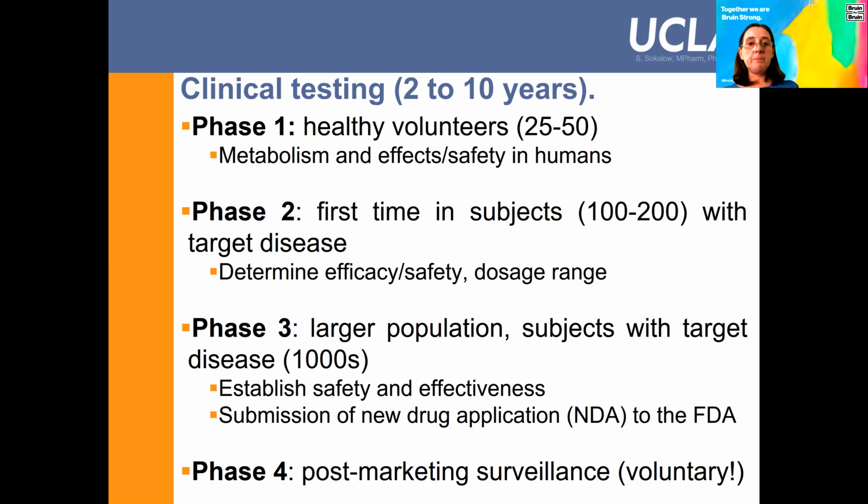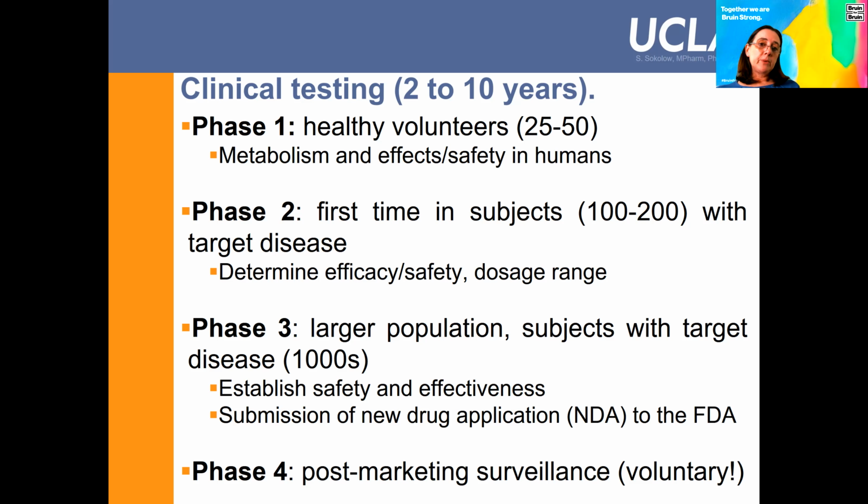Now, when you're in a pandemic, those two phases, phase two and phase three, were merged together, and they had interim data after some of the patients were randomized in the phase two cohort. They look at the interim data, but actually the phase three was ongoing with phase two just to save time. They didn't have enough time to say, okay, we're going to wait for the result of phase two to move on to phase three.